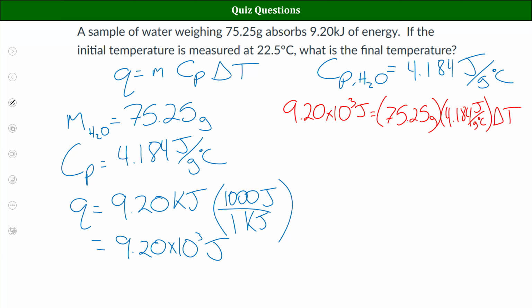That was probably hard to read in the back. Apologies. I just plugged in the numbers that we have over here. So divide both sides by 75.25, divide both sides by 4.184. You got delta T is 29.